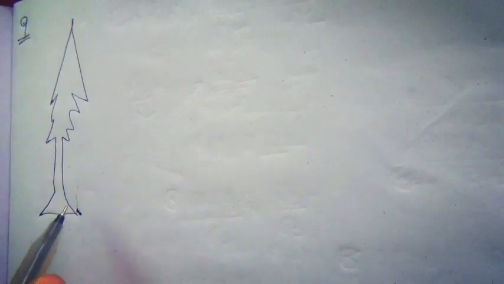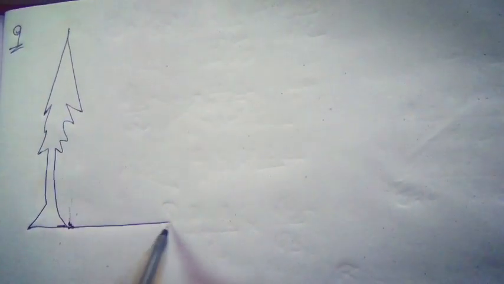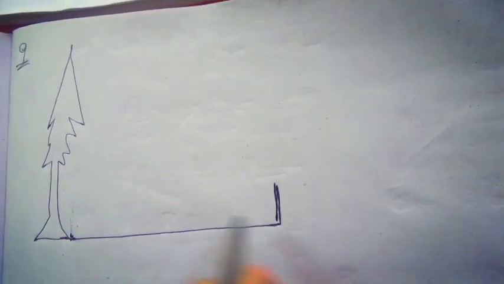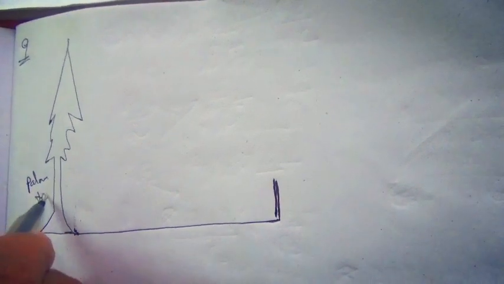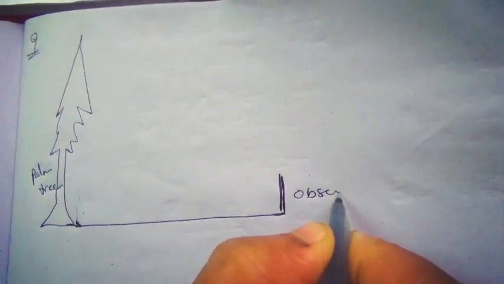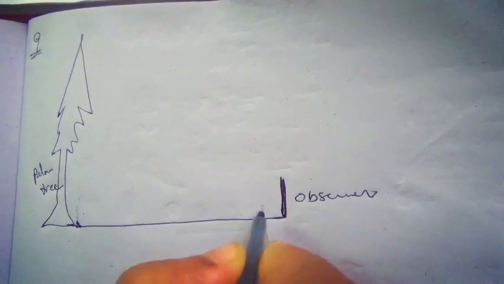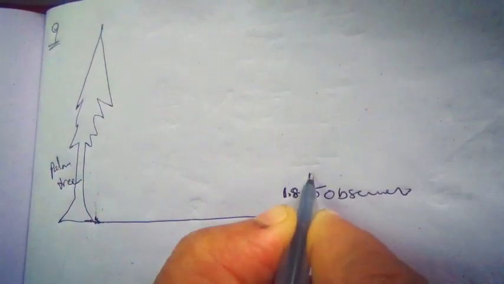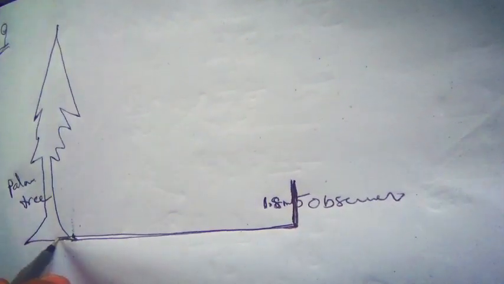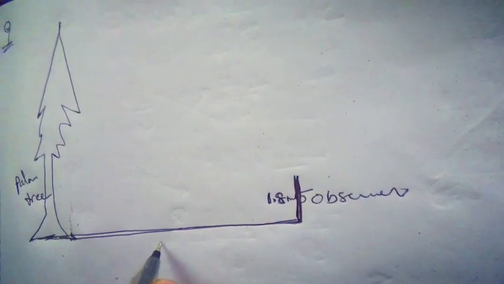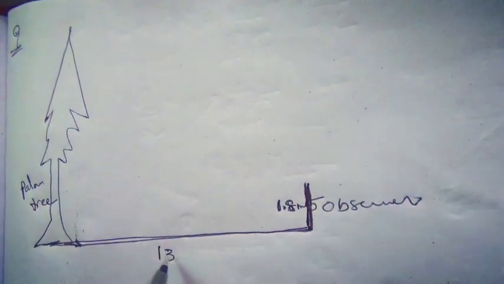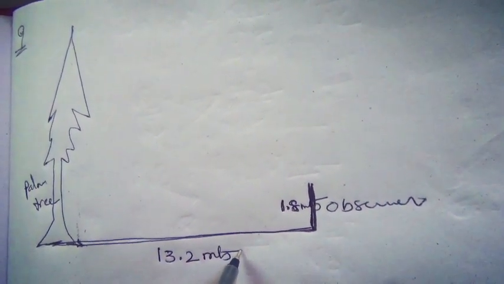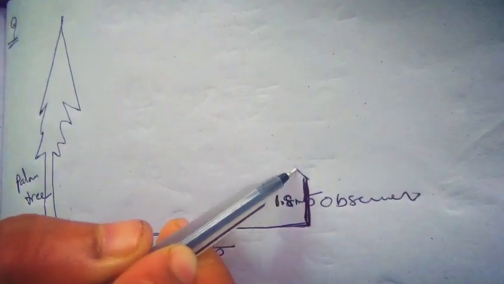The boy is observing here, and the observer's height is 1.8 meters. What is the distance between this observer and the palm tree? That is 13.2 meters.